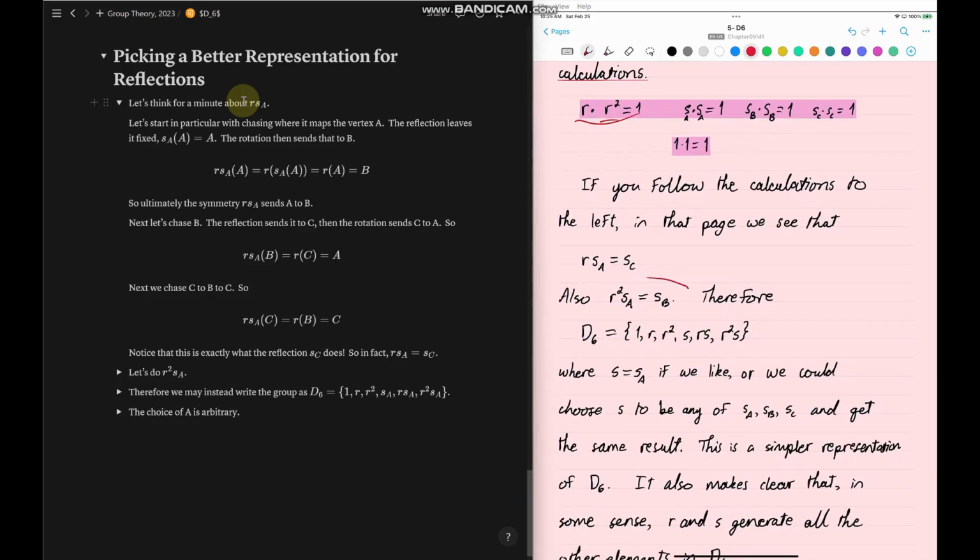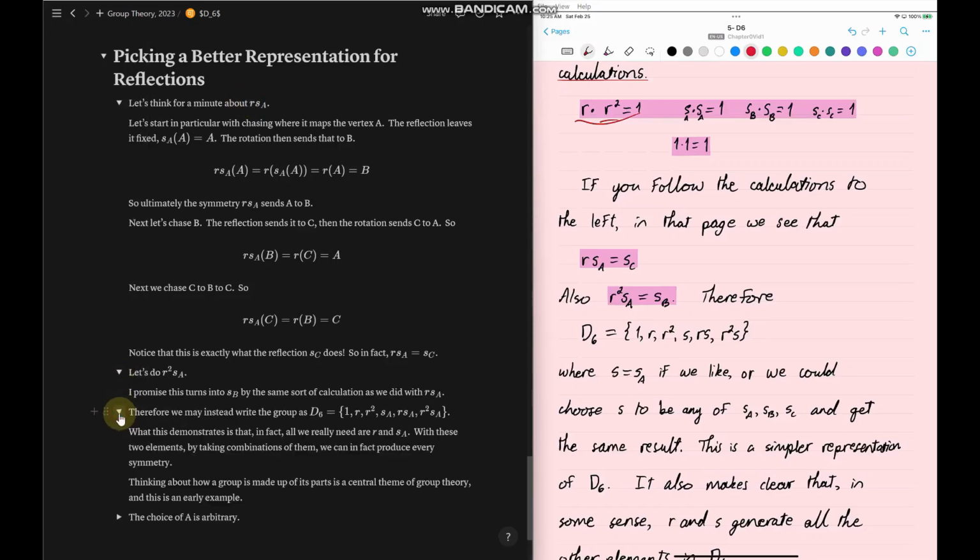Similarly, you can see that R squared times S_A is S_B, and therefore we don't really need these other symbols S_B and S_C, because we could merely write S_B as R squared S, and we could merely write S_C as RS.